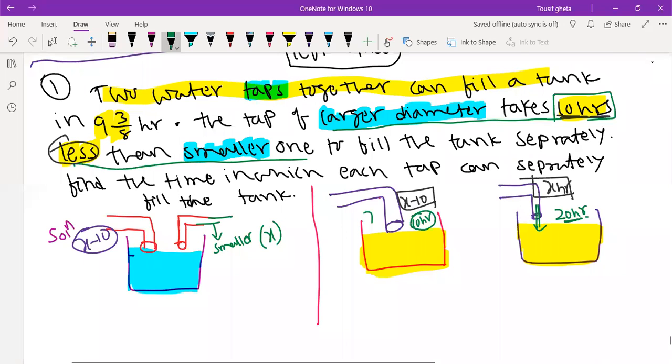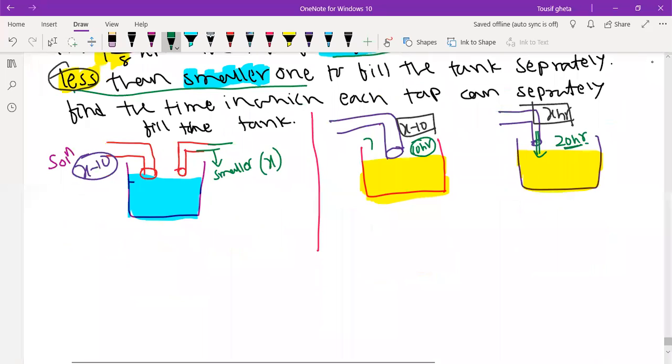Now, one example. Now tell me, you mean to say what?